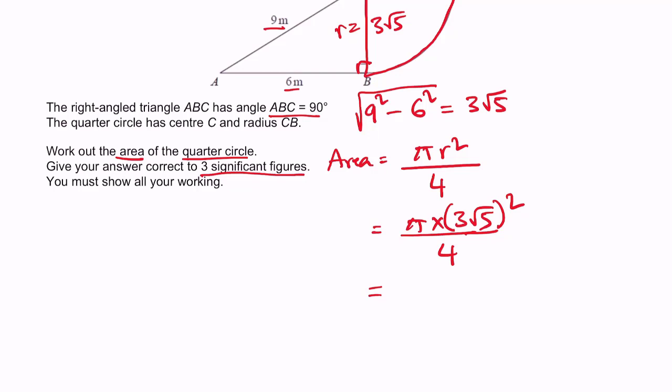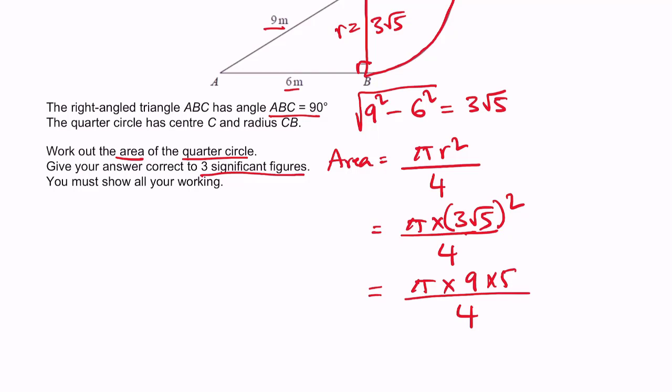Okay, let's do some extra working here. So pi times the square of 3, which is 9, and root 5 squared is just 5, so 9 times 5 over 4. So shift pi times 9 times 5 divided by 4.